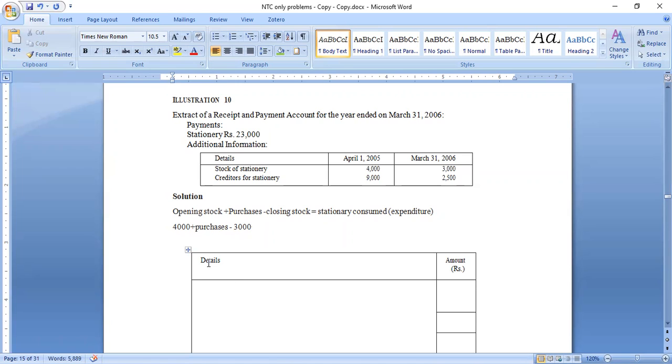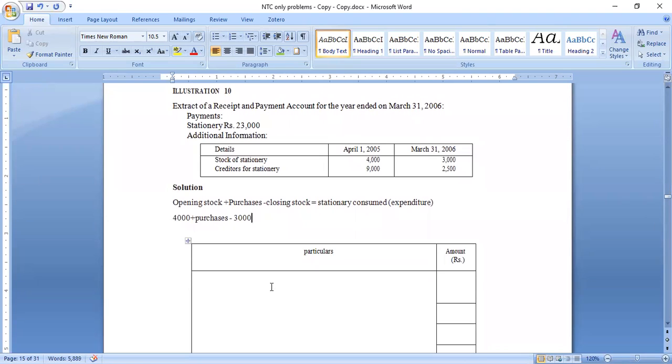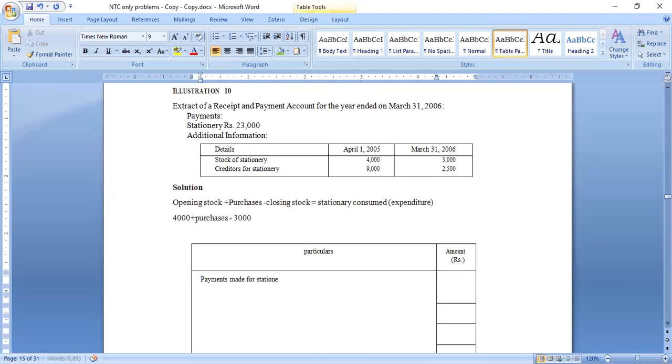From these given particulars, we have to identify the purchases. Payments made for stationery during the year: 23,000.